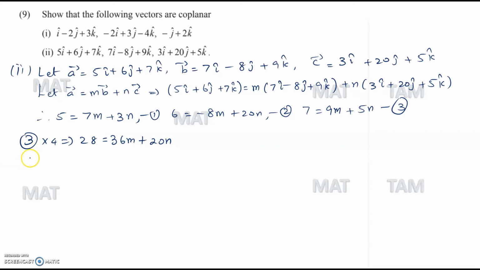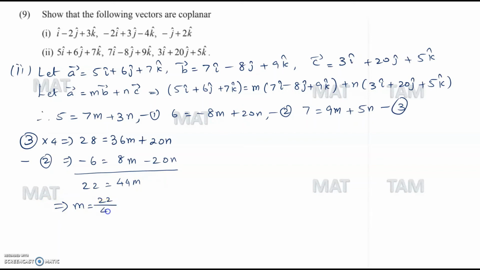Subtracting equation 2, which is 6 equals minus 8m plus 20n, we get 28 minus 6 is 22, and 36 plus 8 is 44m, and the n terms cancel. Therefore m is equal to 22 over 44, which is 1 by 2.